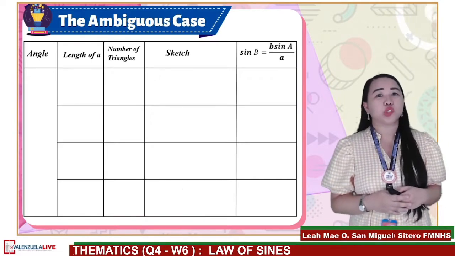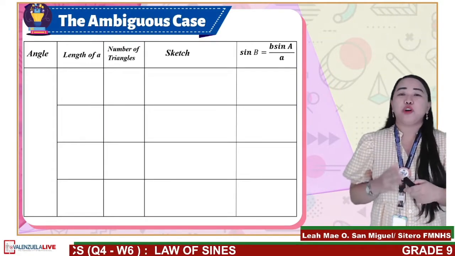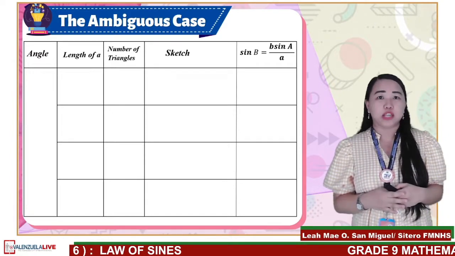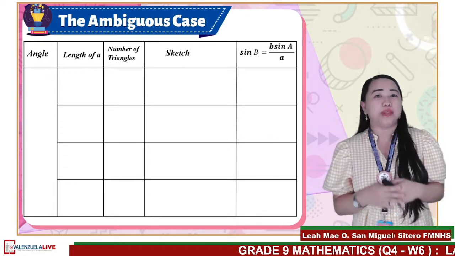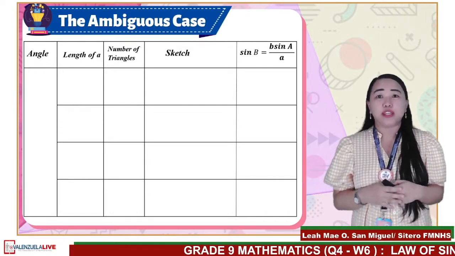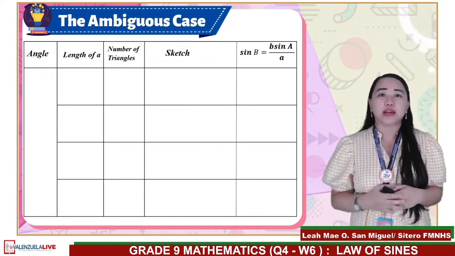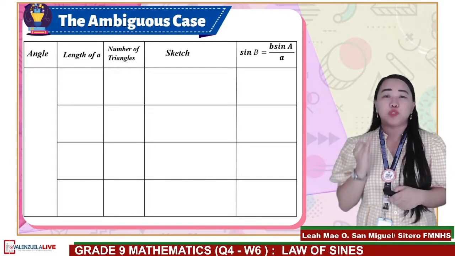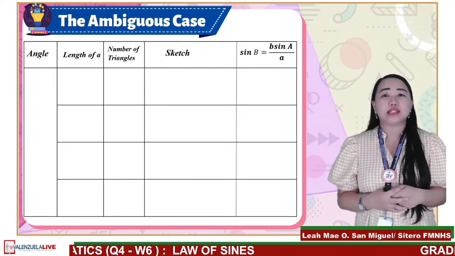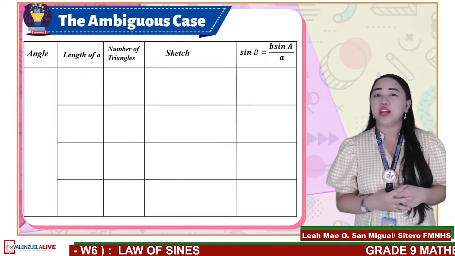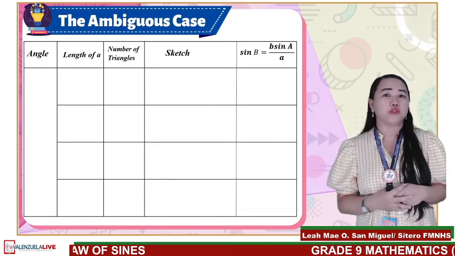I am going to show you the summary table for the occurrences of the ambiguous case of triangle. Since the triangles we are discussing are oblique triangles, it involves two types of angles, acute and obtuse. In the SSA triangle, if the given angle is an acute angle, then you cannot easily determine the number of triangles.